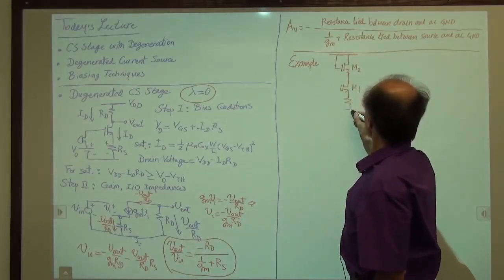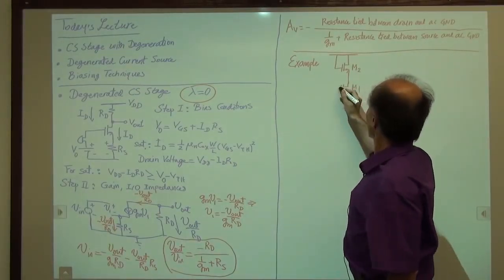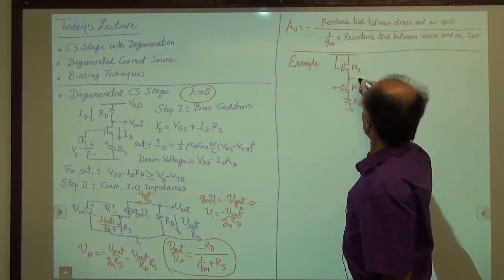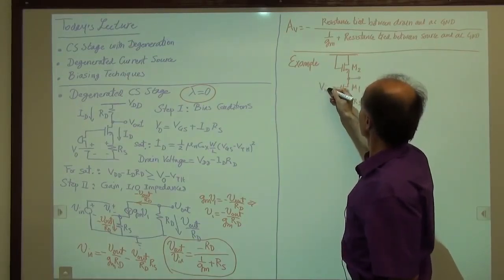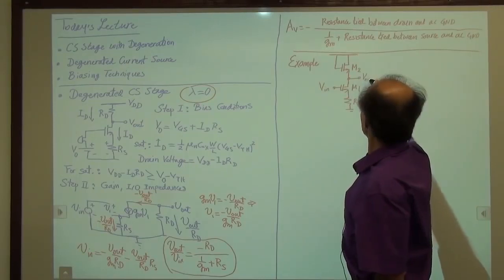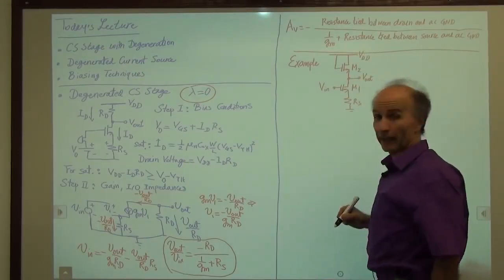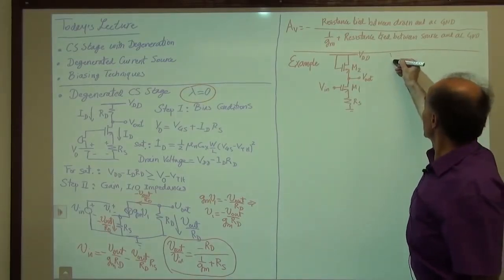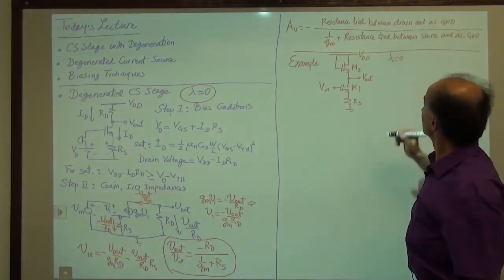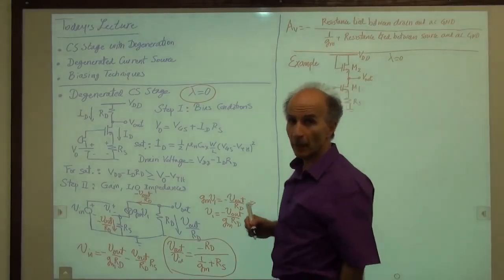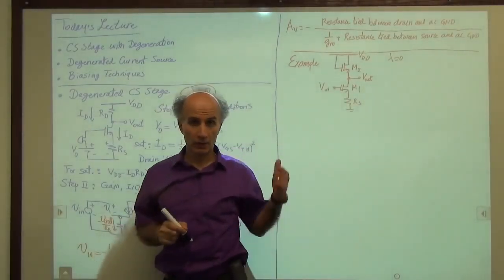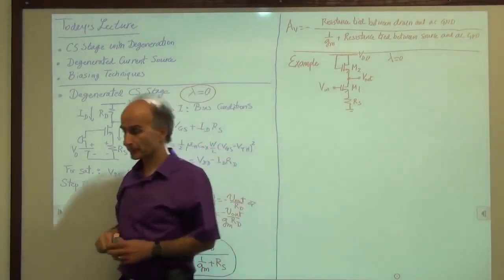I have some degeneration here, and I would like to find the voltage gain of the circuit, V in, V out. That's of course VD over VG. And again, we are assuming lambda is 0. Okay? I will give you 90 seconds to find the voltage gain of the circuit.